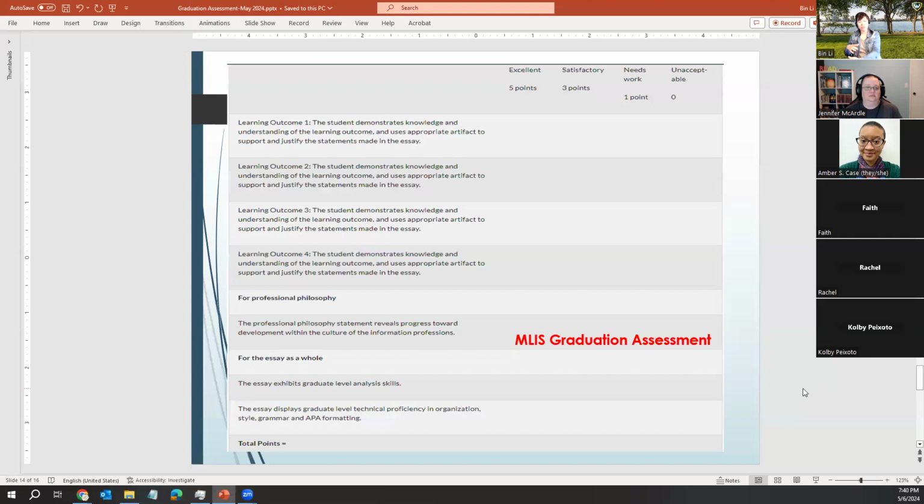Students may take it differently, particularly in their understanding of the learning outcomes. So there is no sample graduation reflective essay to prepare the students.